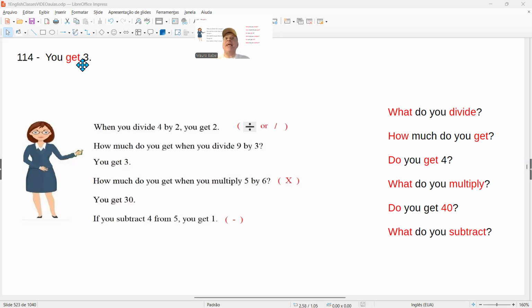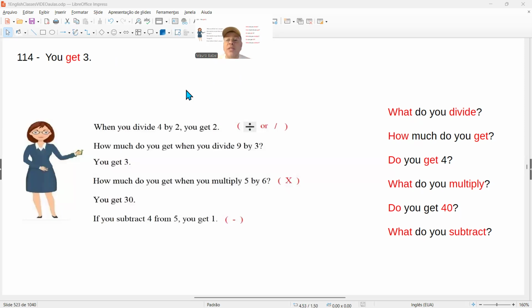When we divide 10 by 2, what do we get? We get 5. 10 divided by 2 is 5, não é?